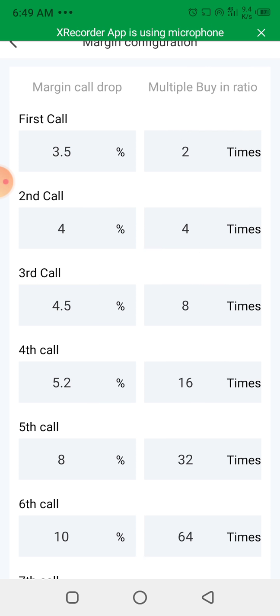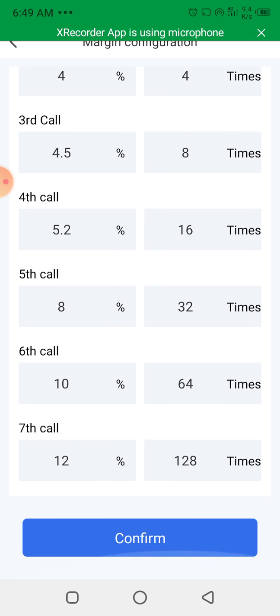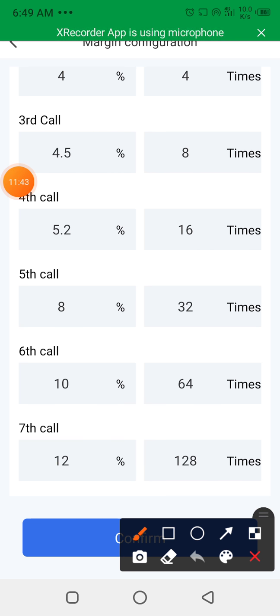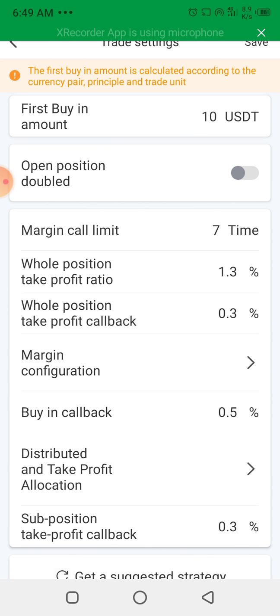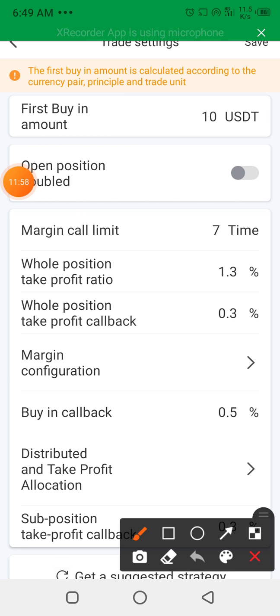So basically that's the concept. So when you have finished telling the system how to buy for you, you come and confirm here. All right. Once you confirm, it takes you back to this place. Okay. Then you move into next one.